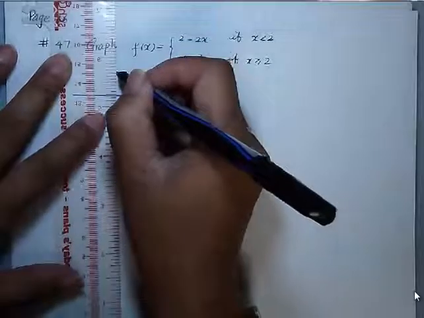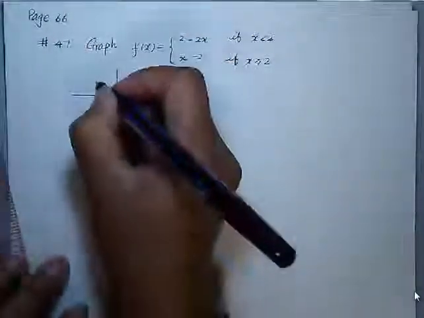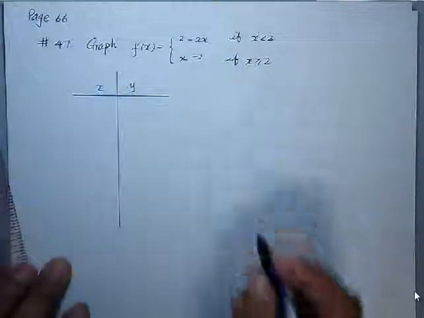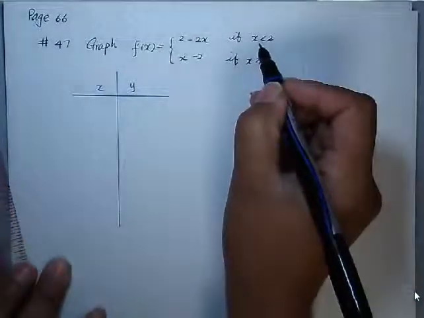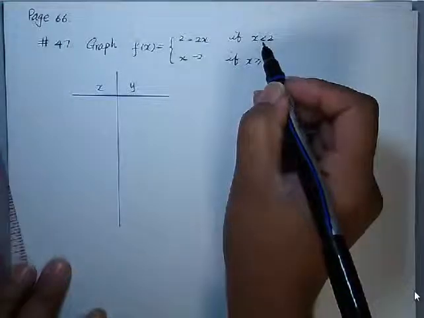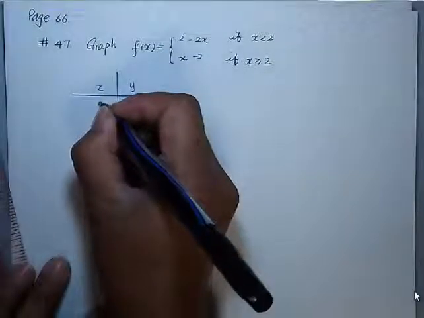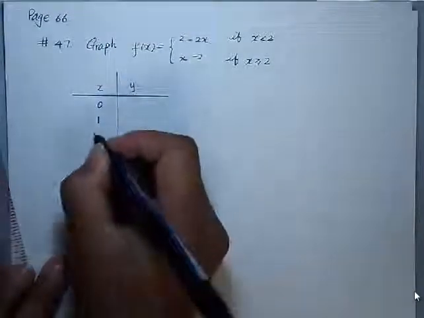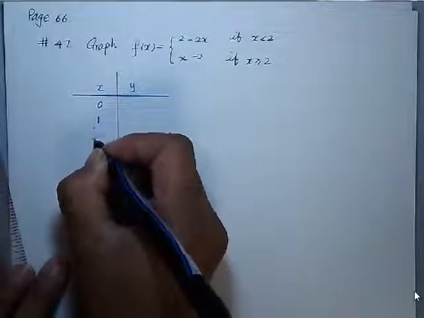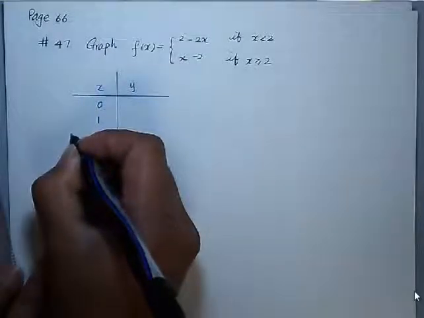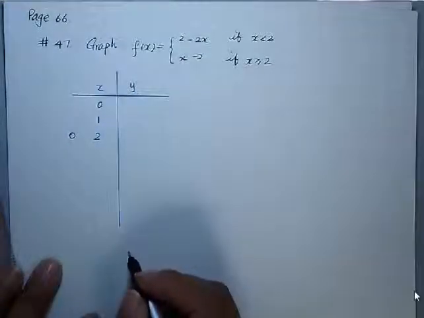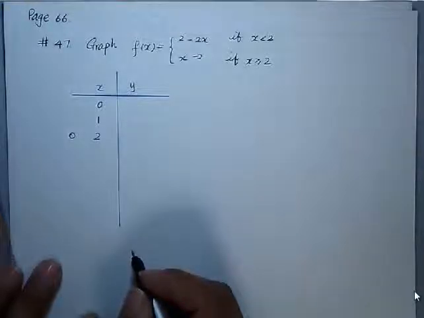Let's make a table of x and y, and I'm going to grab the left piece. So I need to find some points from the left side of 2, maybe 0 and 1, they're less than 2, right? I also want to see what it approaches at 2, but I keep that in mind. This is not including this point, so I use an open circle for that one.